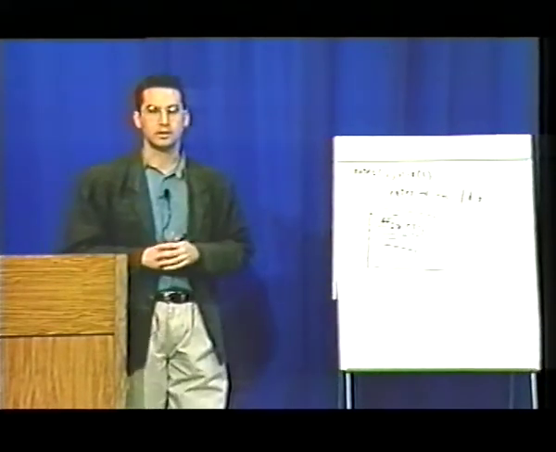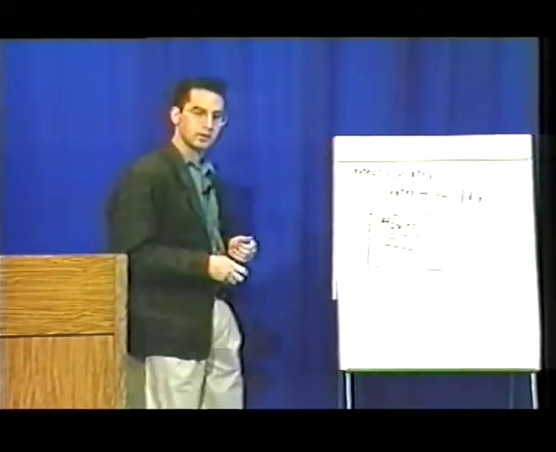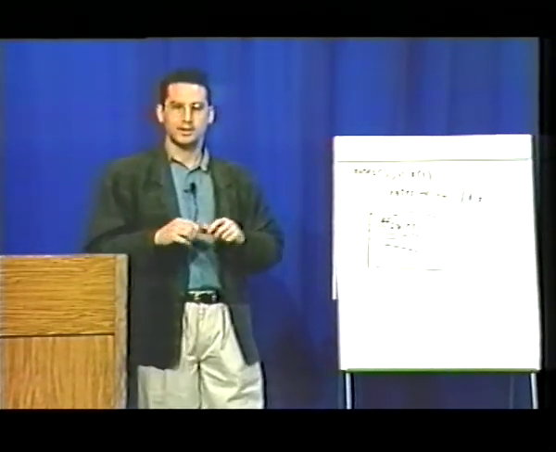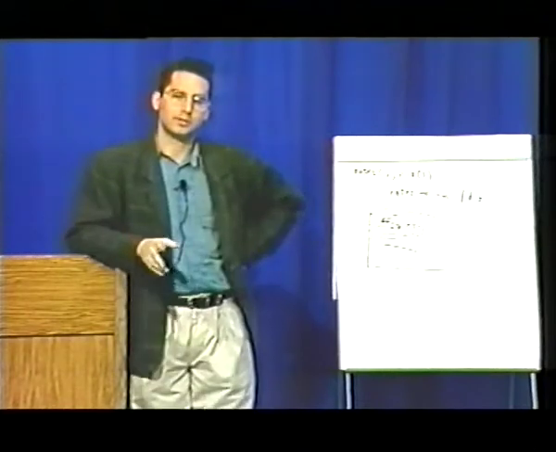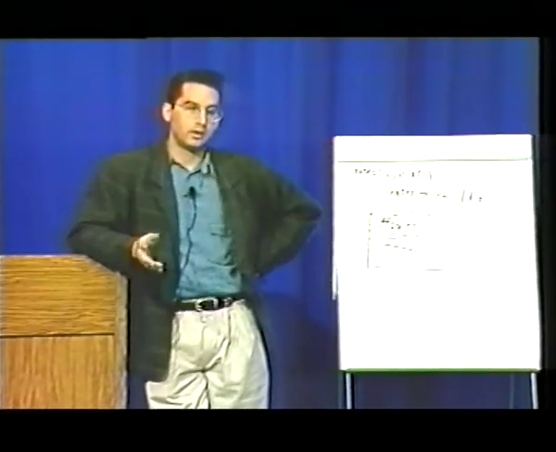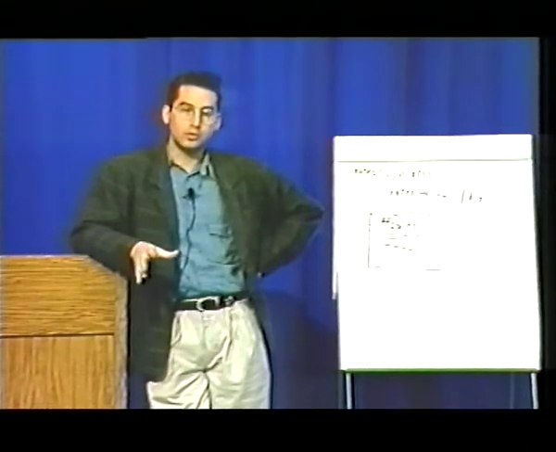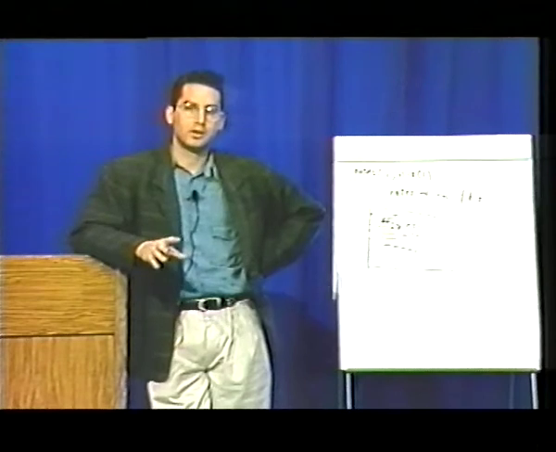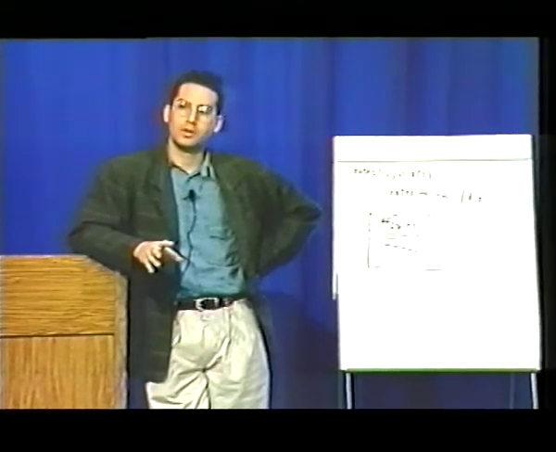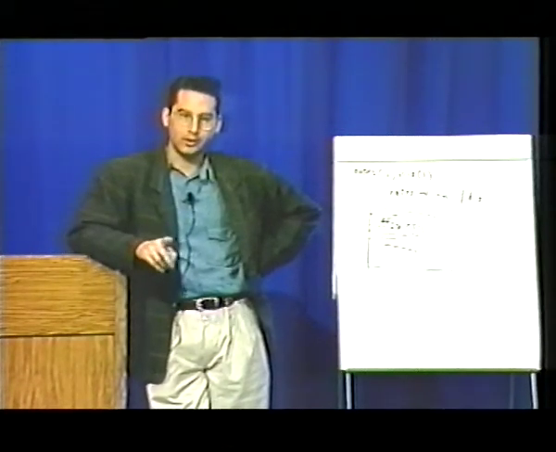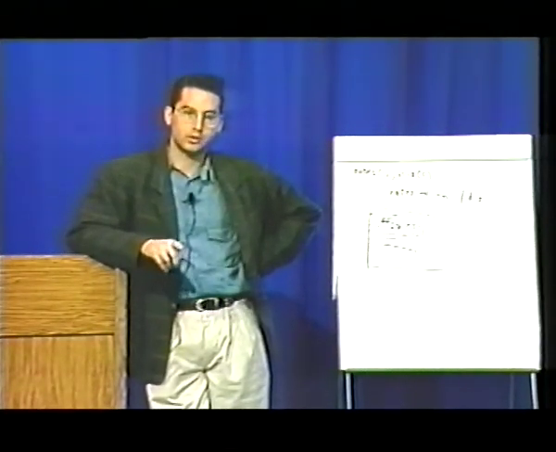Another thing is that if you're on the system, and this is another strange thing that I really don't know how to get around, if you're on the system and you're the only user in your share group, you can consume your entire share group's resources, which means that the next time you log in and there are other people in your group in there, you are not going to get as much.